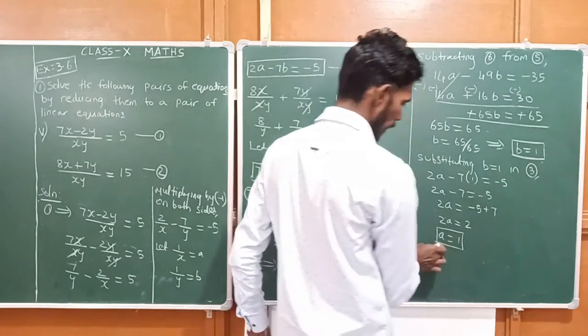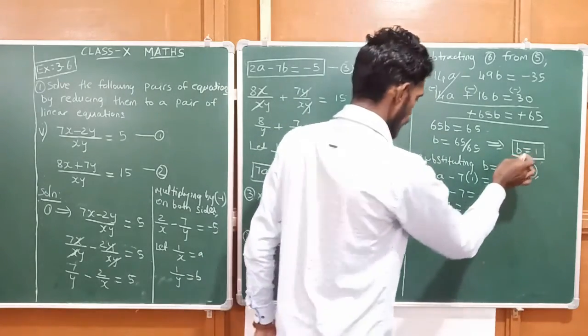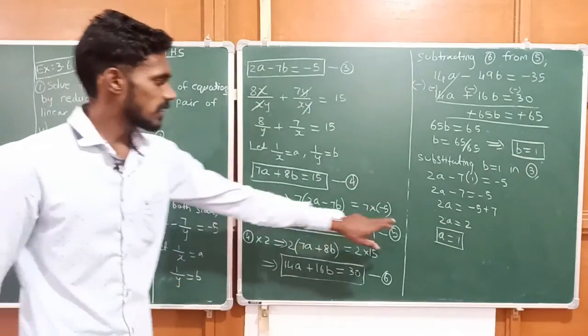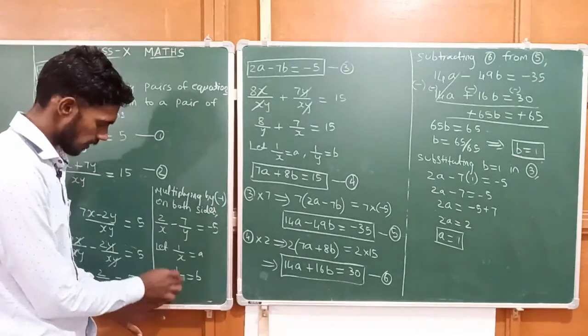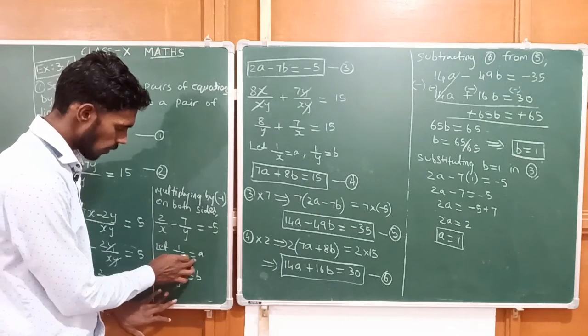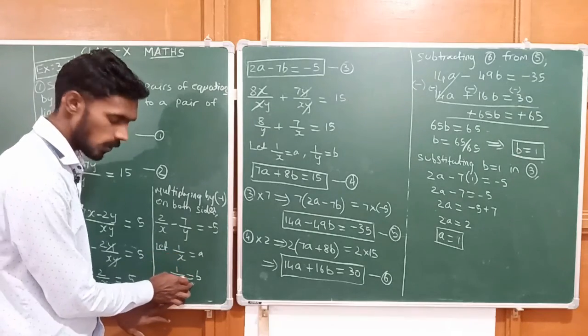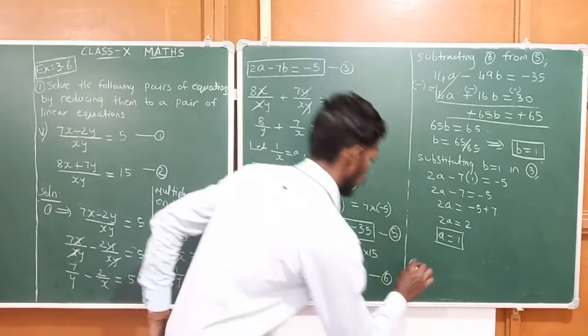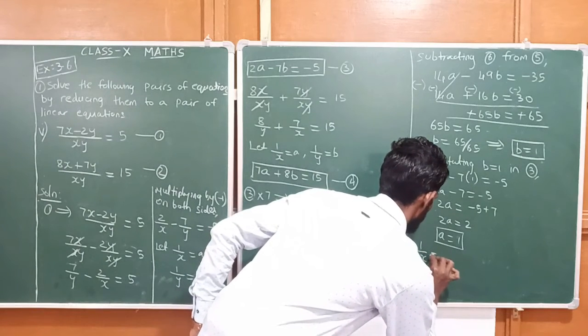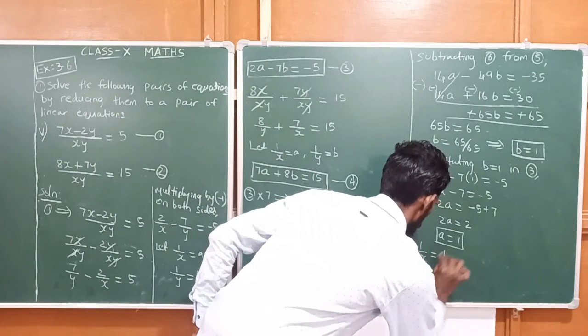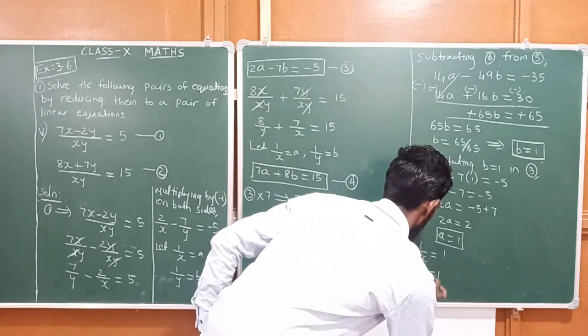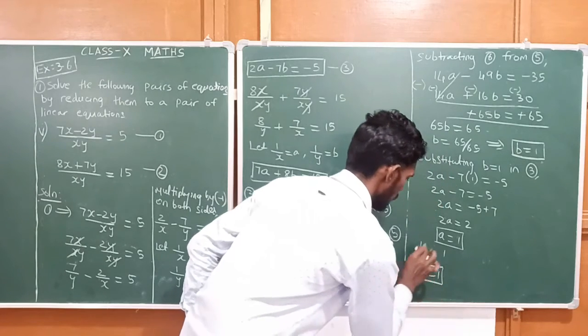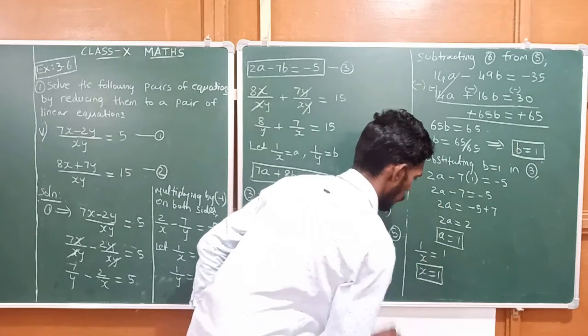Thus we have obtained the values of a and b. Now we have to substitute this a and b in these assumptions. We have assumed 1 by x is equal to a and 1 by y is equal to b. So on substituting 1 by x is equal to a, that is 1, so x is equal to 1. On cross multiplying we will be getting the value of x to be 1.